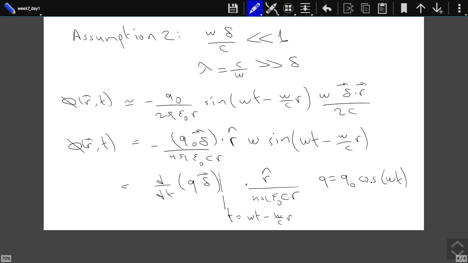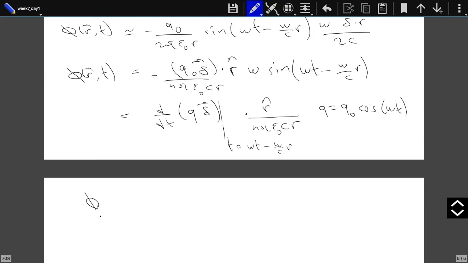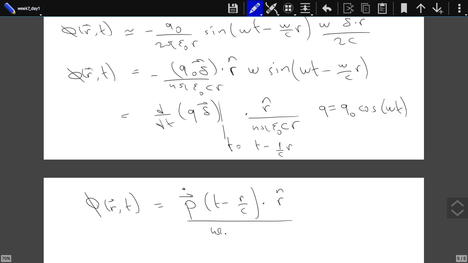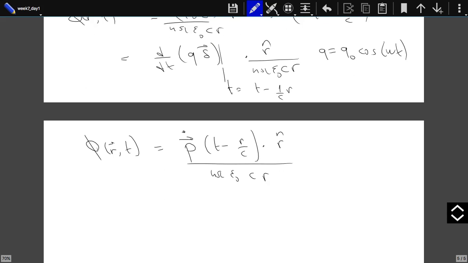So this is nothing but the time derivative of the electric dipole moment, p dot, evaluated at the time t minus r over c, scalar product with r hat divided by 4 pi epsilon 0 c times r.